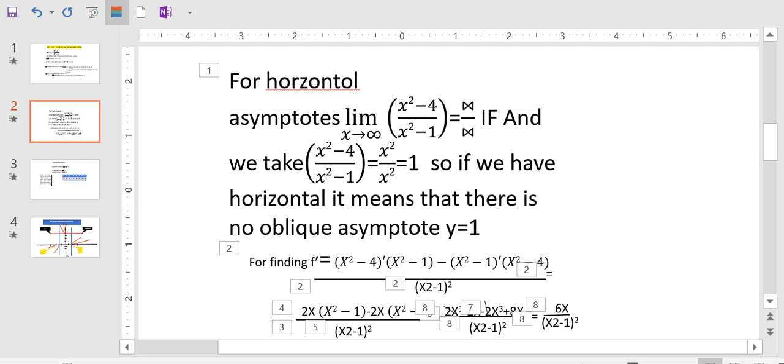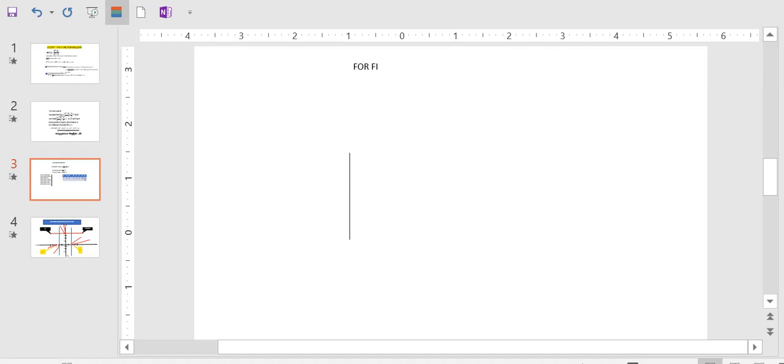It is how to find the derivative of the function. After finding the first derivative, we must find the intercepts of our function.